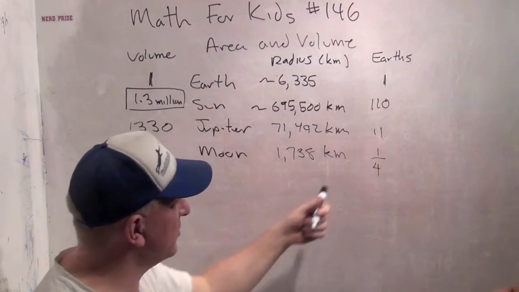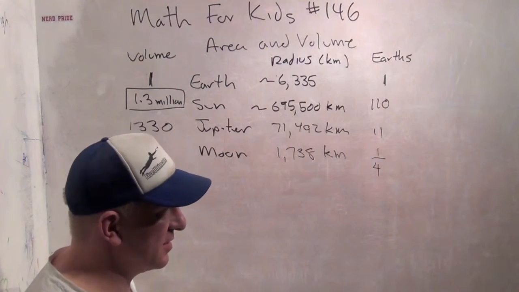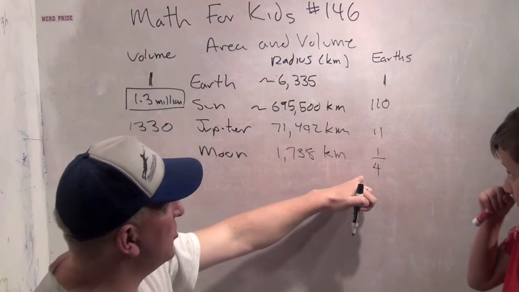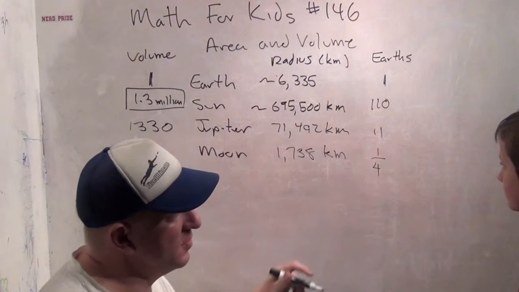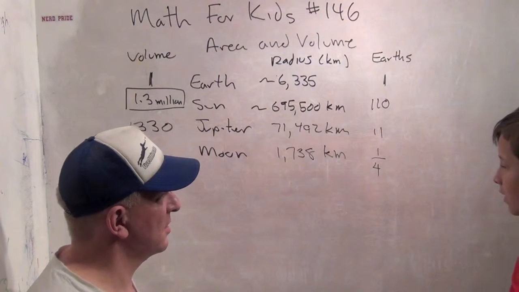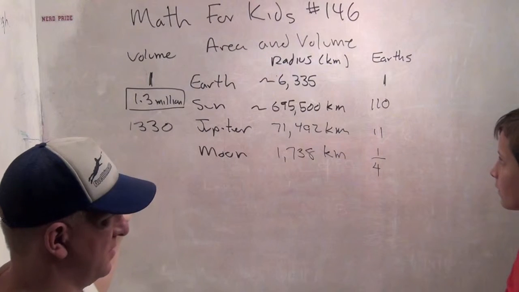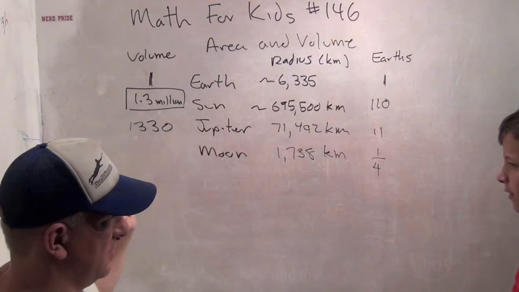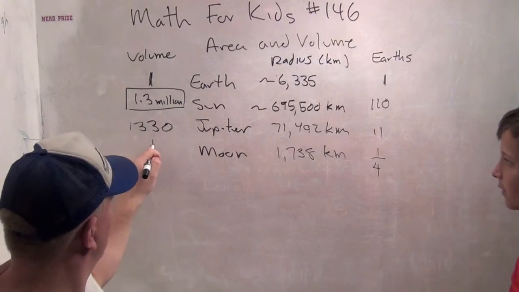Now what about the moon? The moon's radius is only 1/4 the radius of the Earth. That means when I cube it, what is 1/4 cubed? 4 cubed is 64, so it's 1/64.